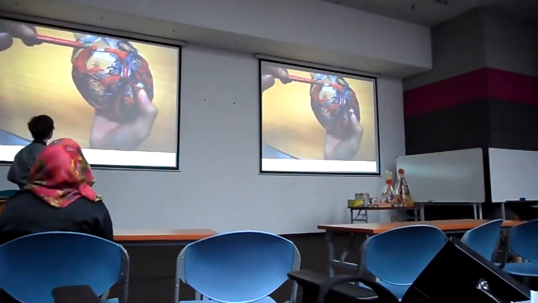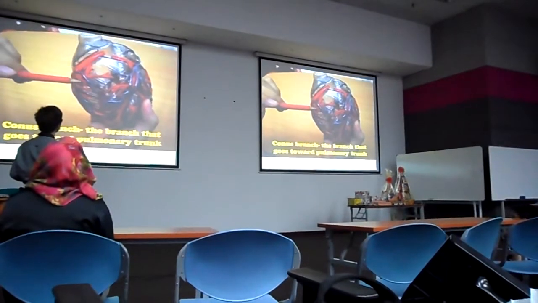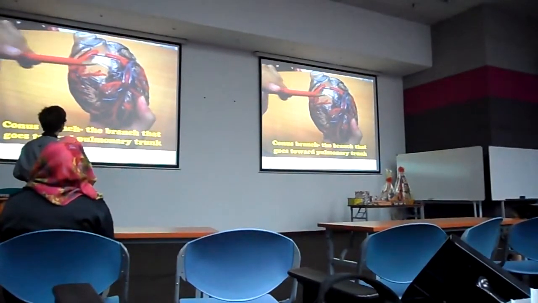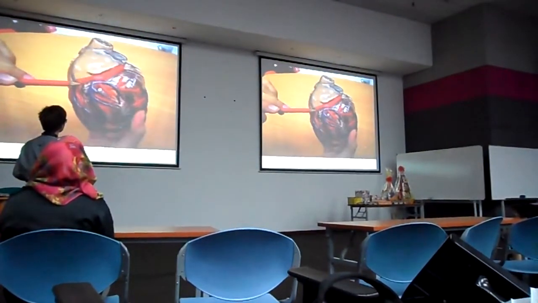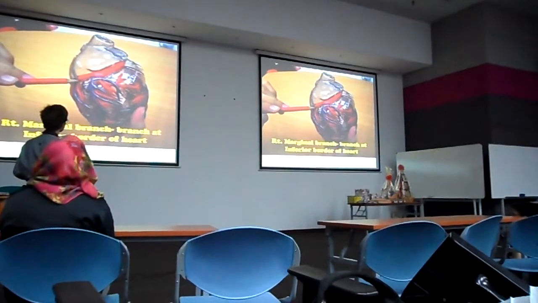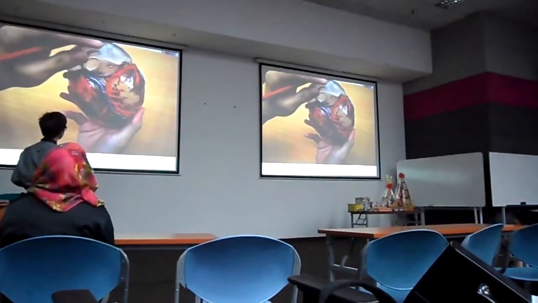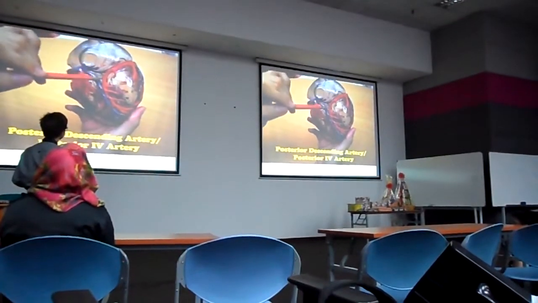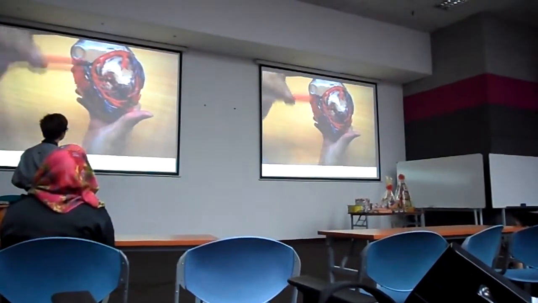As it travels down towards the heart, the first branch that goes towards the pulmonary trunk is the conus artery. As it travels along the inferior border of the heart, this branch is called the marginal branch. And when it goes to the posterior part of the heart, it supplies the posterior interventricular branch.